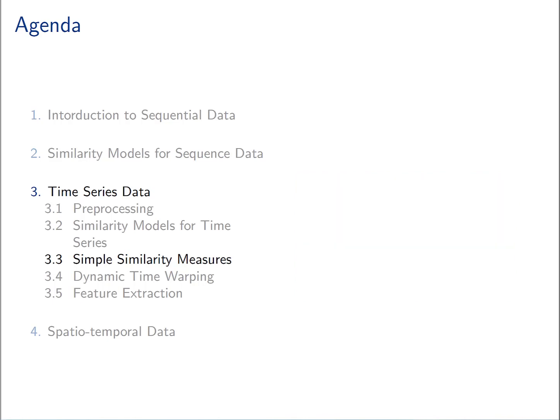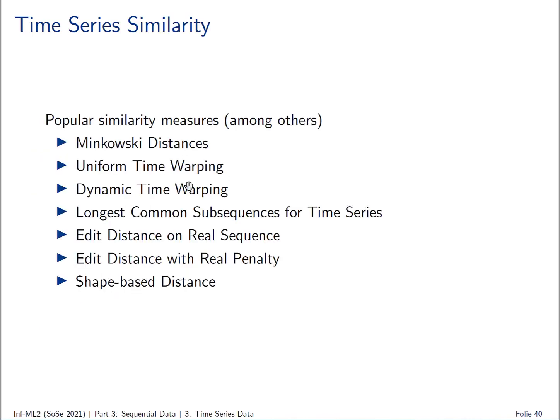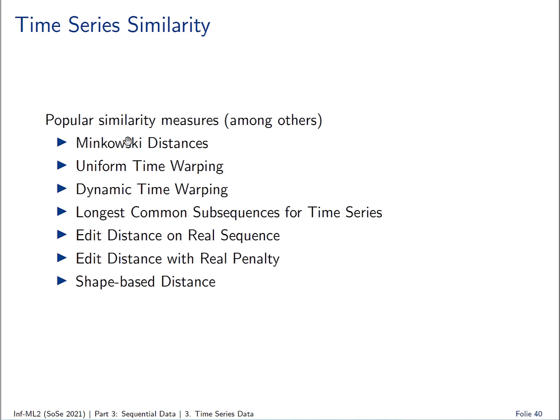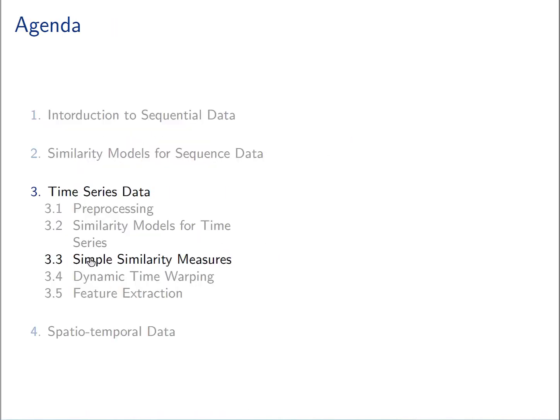Good. So let's jump in. We stopped at similarity models for time series, as you probably recall, and we already mentioned, on the slide before this overview slide here, some popular similarity distances. We'll now have a closer look at them.